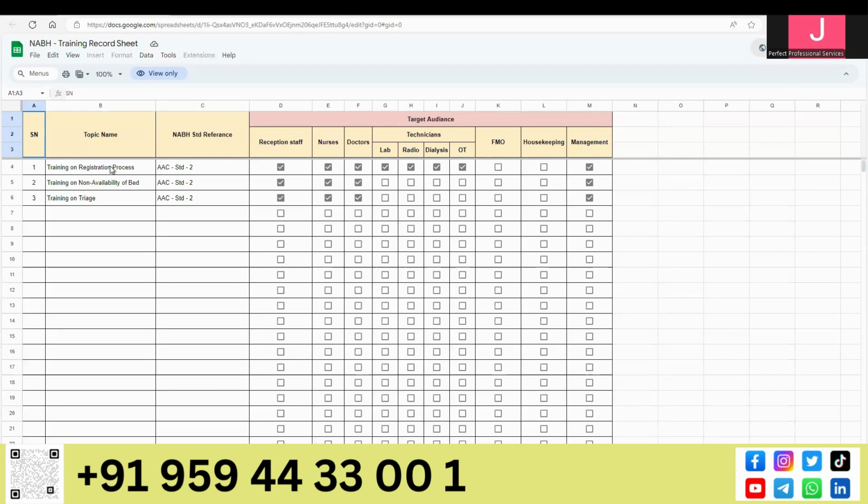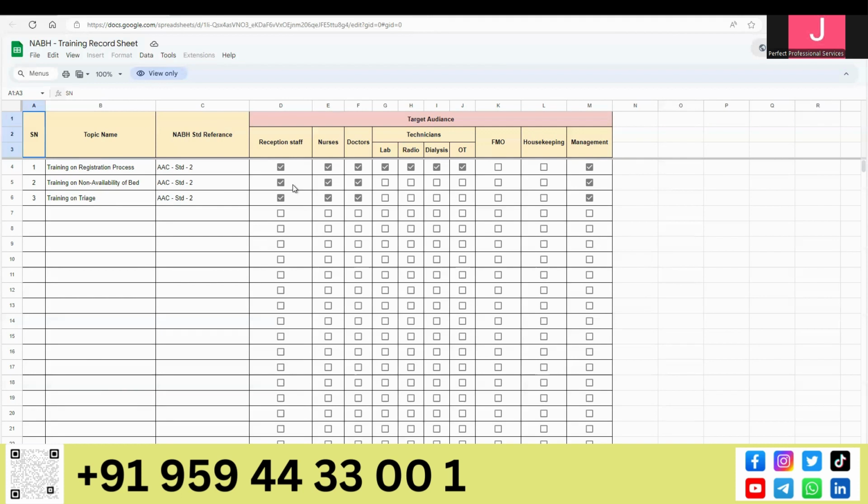Training on the registration process, you will be giving to the reception staff, nurses, doctors, and lab technicians of every area, because they should know there is a UHID, there is an IP number, or there is an OPD number, irrespective of where they are working. Then management also, you have to give training on the non-availability of the bed.